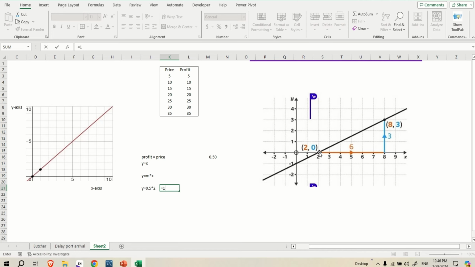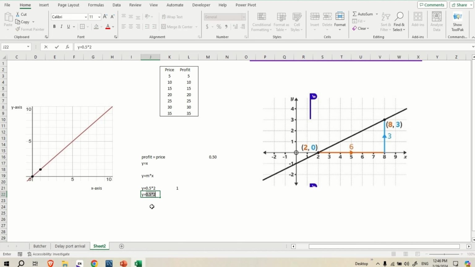So when x is 2, y is not equal to 1. It is not equal to 1. y is equal to 0. Why is that? Now let's try another case. Maybe this one is trying to misbehave.